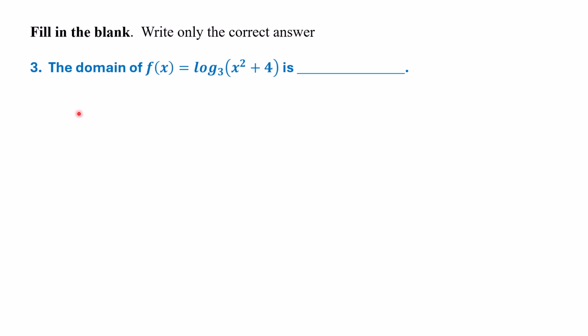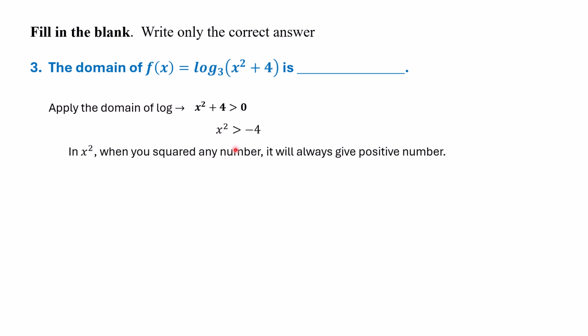The next question is finding the domain of the function log base 3 of x squared plus 4. In finding the domain, we apply the domain of a logarithmic function. We know that the expression here, x squared plus 4, must be greater than 0. It must be positive. If we move 4 to the other side, we know that when you square any number, whether it's 0, positive 1 or negative 1, it will always give us a positive number.